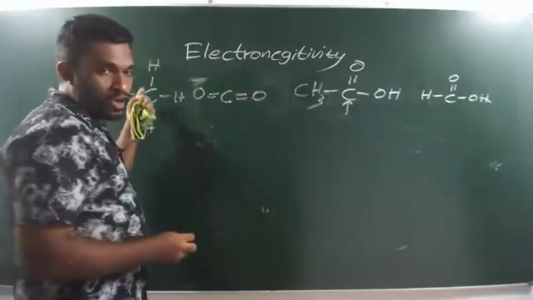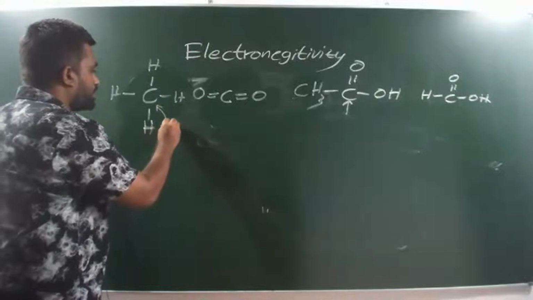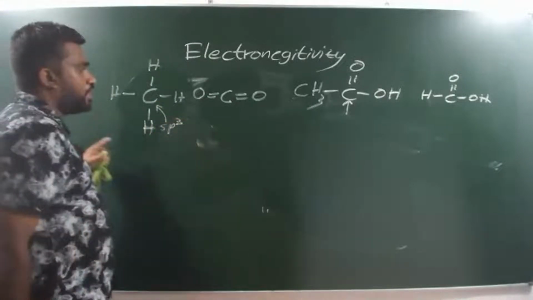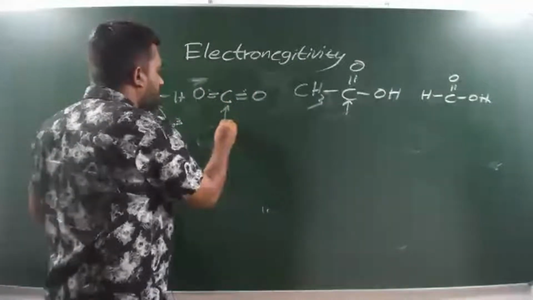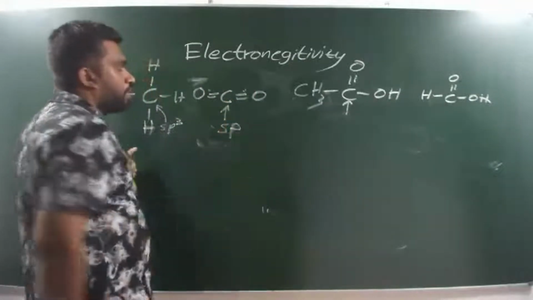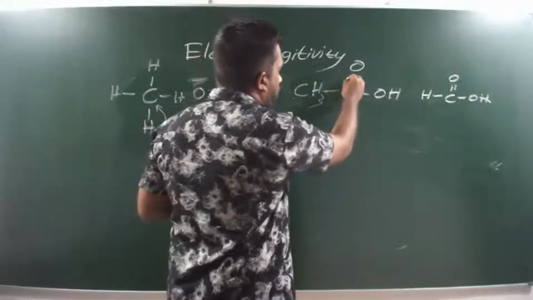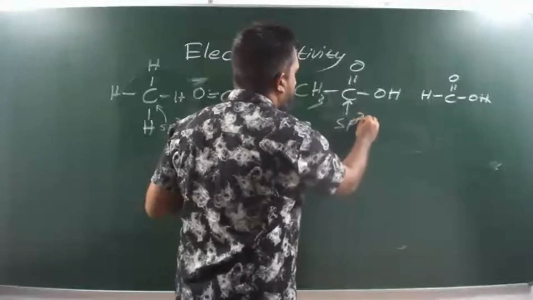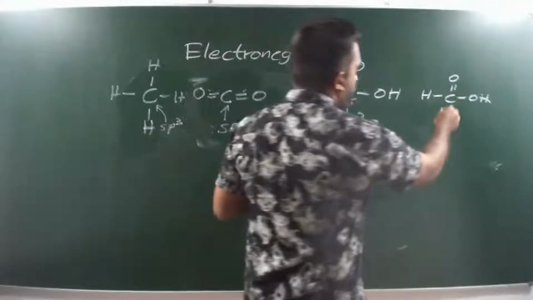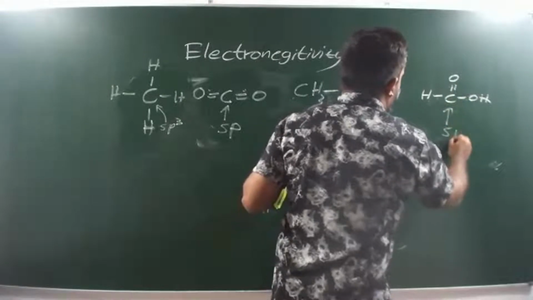So here you have 4 sigma bonds, so the hybridization of this one is sp3. In here you have 2 sigma bonds, so the hybridization of this carbon is sp. And here you get 1, 2, 3 sigma bonds, so the hybridization is sp2. In here you get 1, 2, 3 sigma bonds, and the hybridization is sp2.